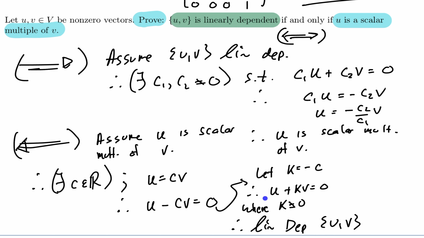And I've now shown that I can do it. I can get this combination to come out to be 0 where these are non-zero coefficients right here. So U is a scalar multiple of V. Implicitly here, this is under the assumption that C is not equal to 0, else that would mean U and V are the 0 vectors, so not considering that case.